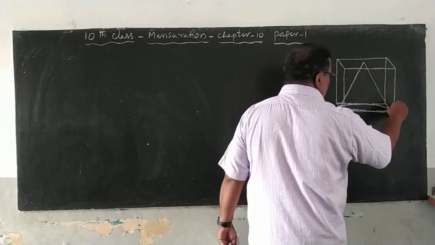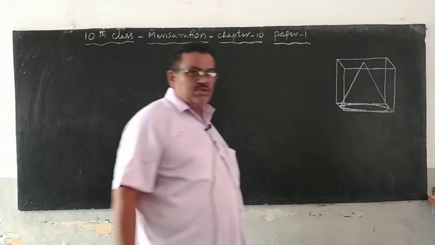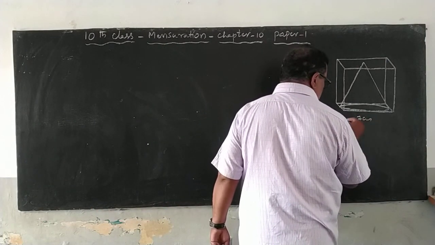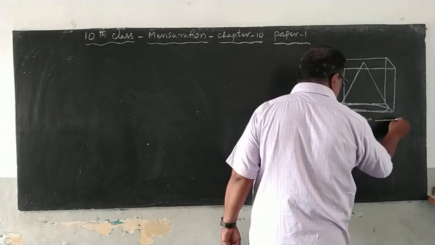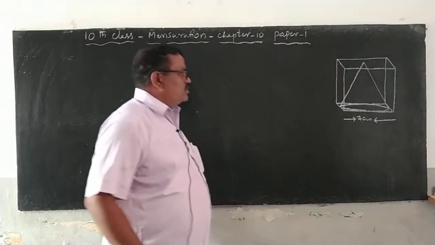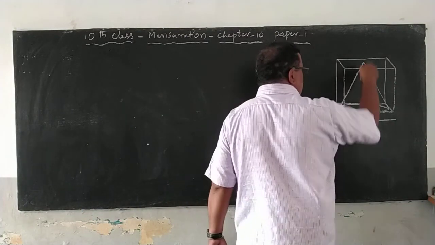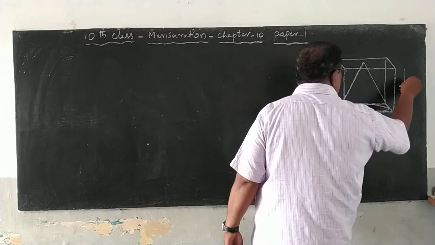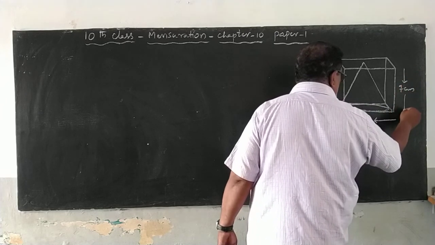This is the largest possible cone to cut out, whose edge is 7 centimeters. That means the edge of the cube is equal to the diameter of the cone. So the height of the cone is also equal to the edge of the cube, which is 7 centimeters.